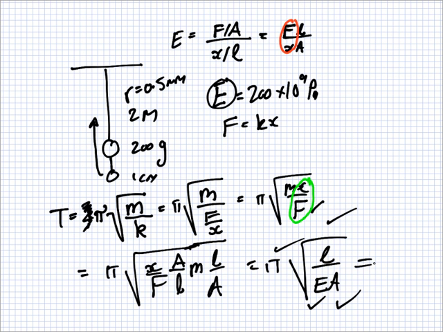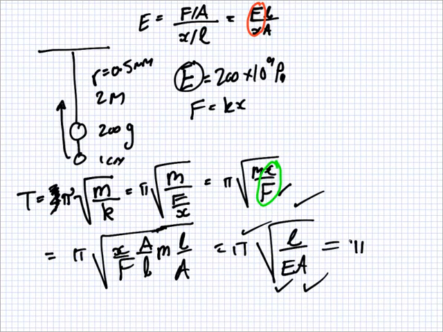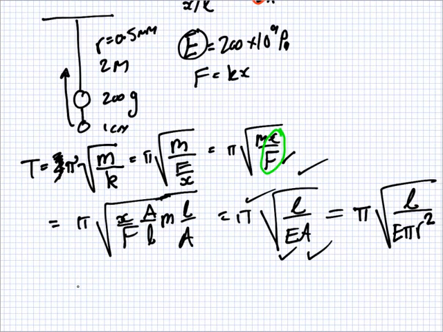What do you say? Huh? What do you say? Pi r squared. So you can change this into pi root L over E pi r squared. If you want, you can continue to simplify.